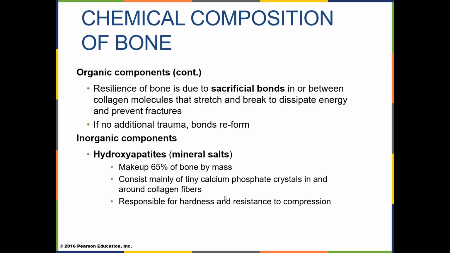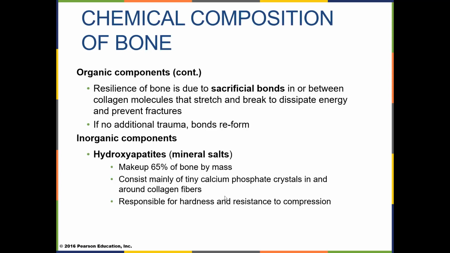Okay. Now, the inorganic portion, mostly calcium and phosphorus salts. 65% of our bone is inorganic, non-living. And the calcium phosphate crystals are wrapped around the collagen that's embedded in the bone.